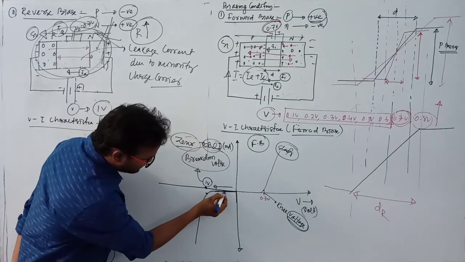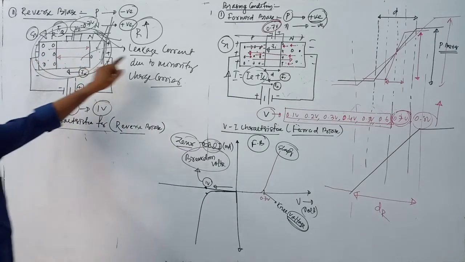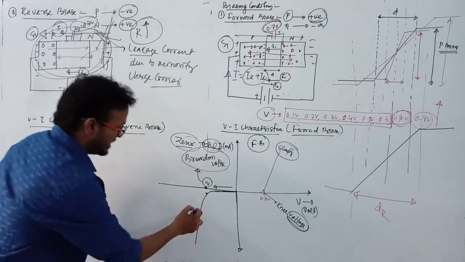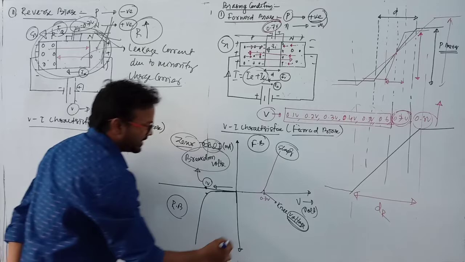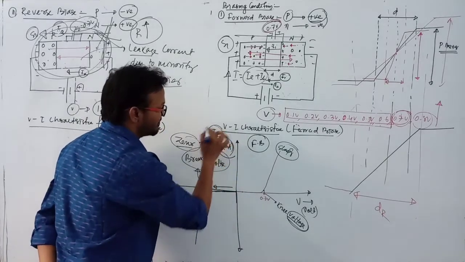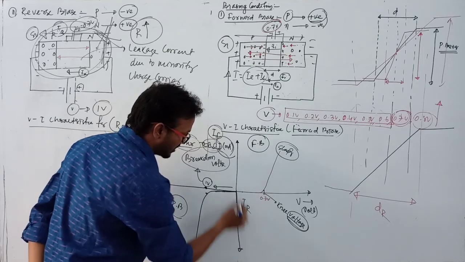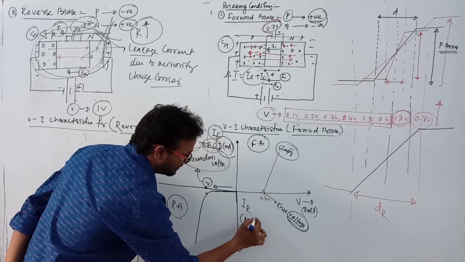Clear? So this small amount of current is due to the minority charge carrier, and that current is known as leakage current, and this graph is known as the reverse bias graph. And here this direction is current, this current is known as forward current, and this current is known as reverse current, this direction. But reverse current is always measured in microampere. Why?